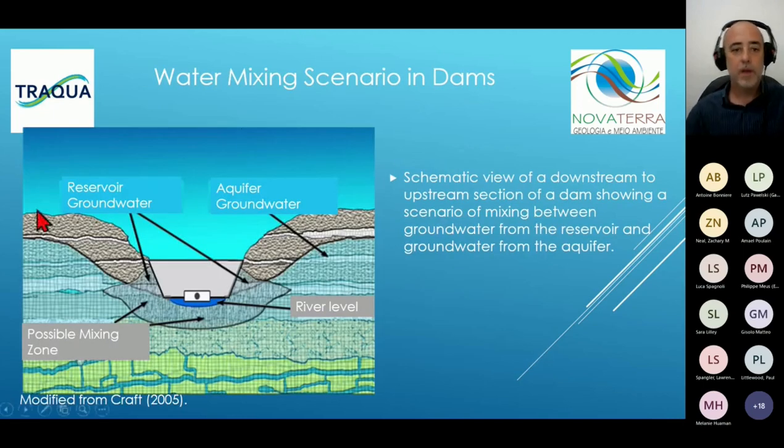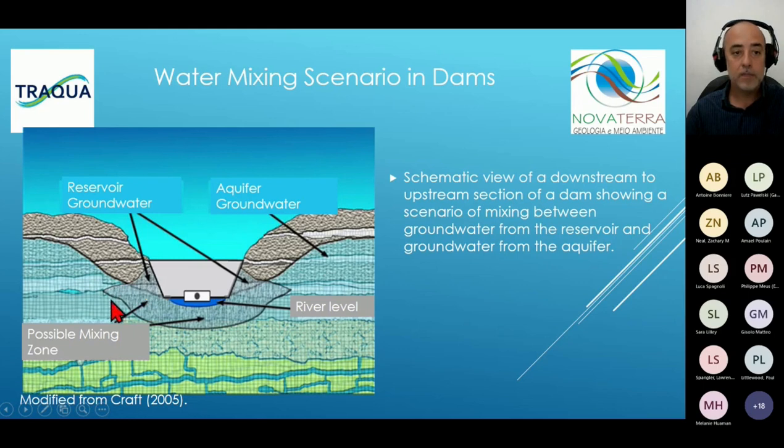In the dams, we have a scenario of mixing waters. Here we can see in the downstream view, we have aquifer groundwater, and we have the water from the reservoir.